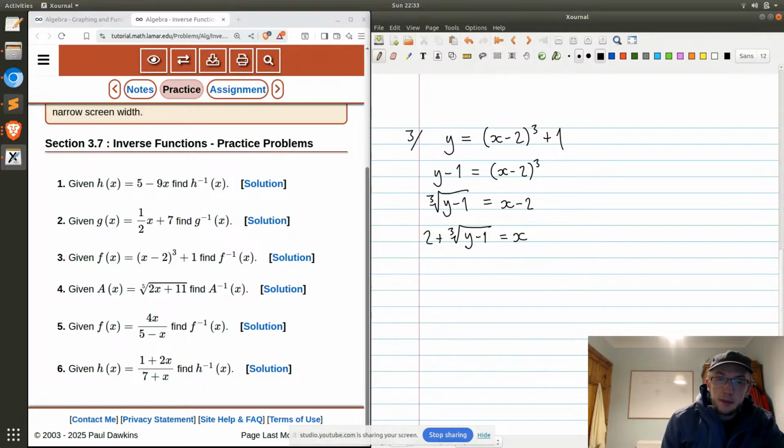And the last step is to swap around the variables y and x. Now we see that inverse f of x is 2 plus the cube root of, what do I put here? Not y, I put x. And there you go.